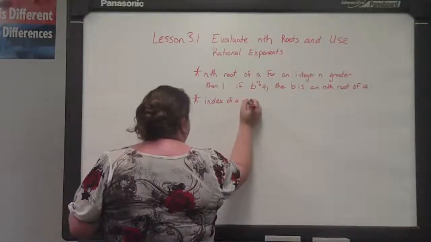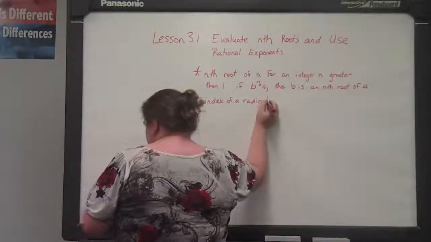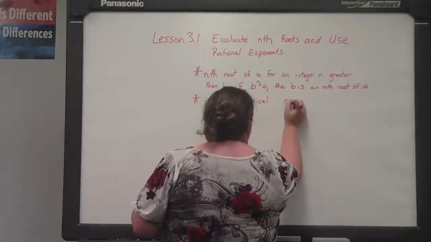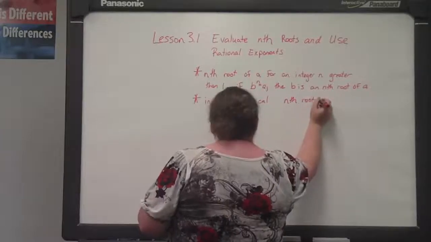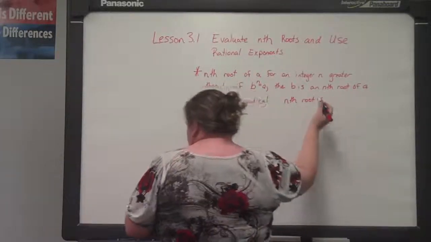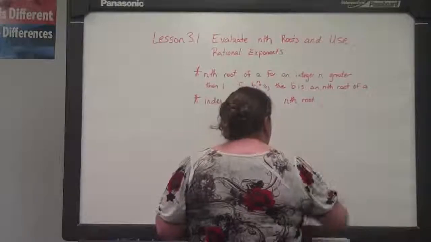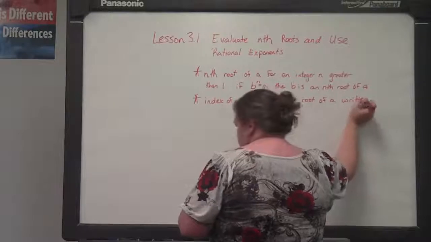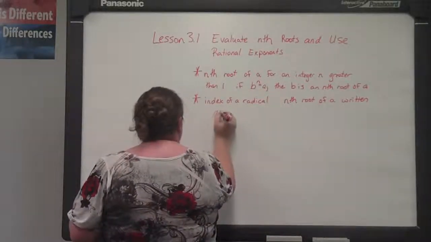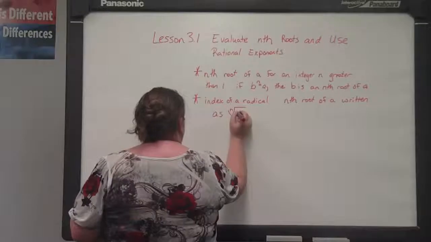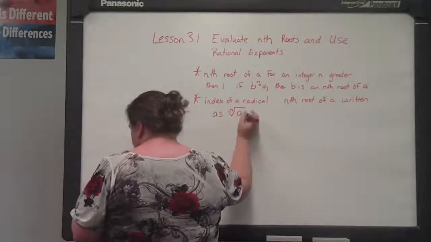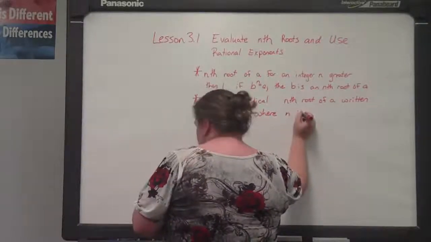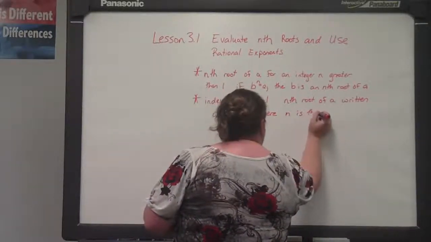of a radical. The index of a radical is the nth root, where the nth root of a is written as the nth root of a, where n is the index.